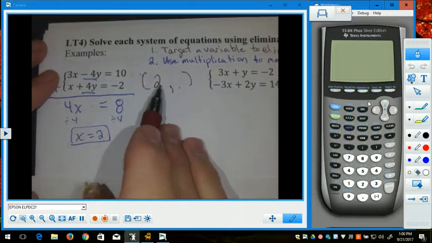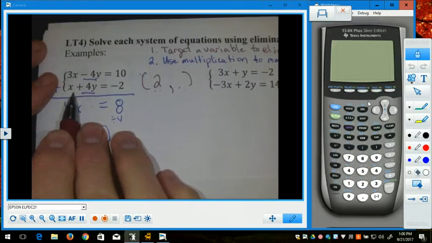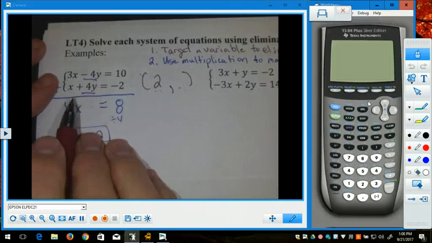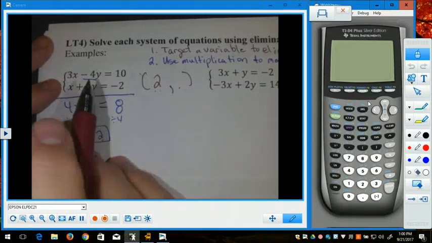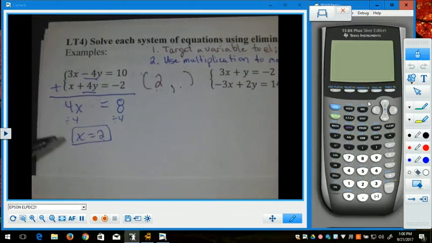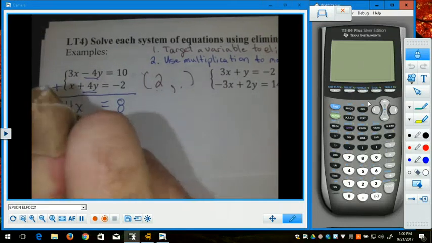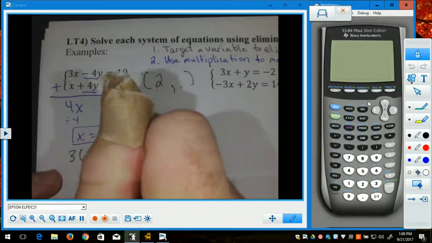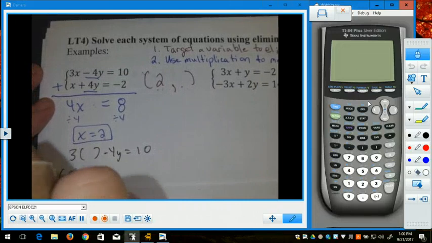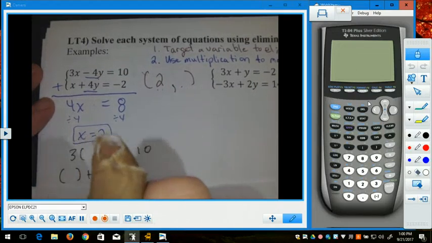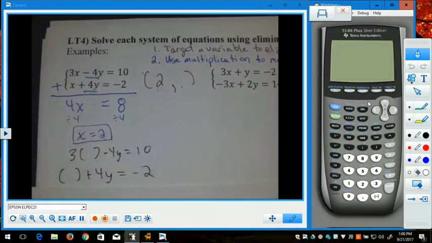So I'm basically going to plug 2 into both equations and make sure that I get the same answers for y. So if I know the answer for x is 2, I can write out 3 times 2 minus 4y equals 10, and 2 plus 4y equals negative 2. I'm just going to be plugging in the 2 into those equations.